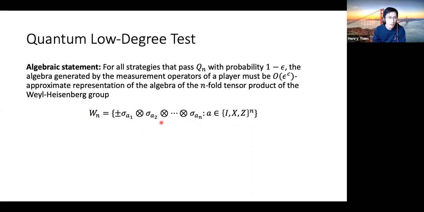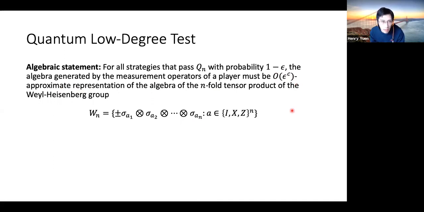strings. So essentially what this game certifies is that the measurement operators of the player give rise to an approximate representation of this group, right? And this group, non-trivial representations of it require dimension 2 to the n. The really non-trivial fact is that the approximation in this approximate representation does not depend on n.